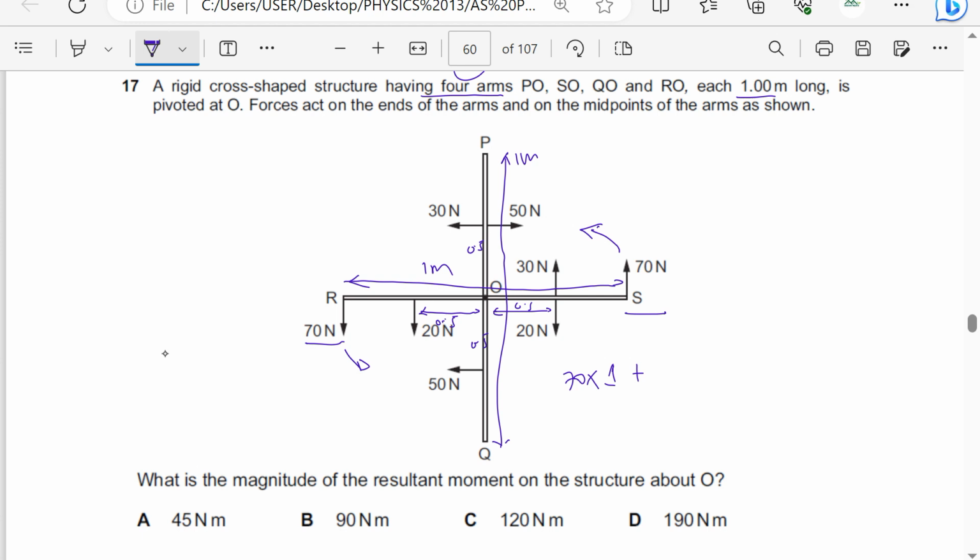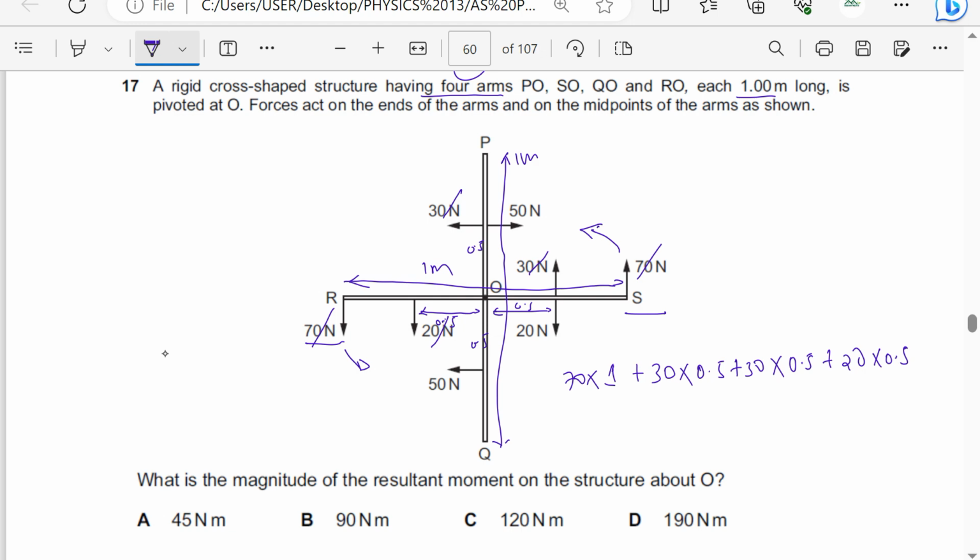We have 30, so plus 30 times its perpendicular distance from the center, 0.5, plus another 30 times 0.5. Then we have 20 plus 20 times perpendicular distance 0.5. I think that is all for anticlockwise moments.